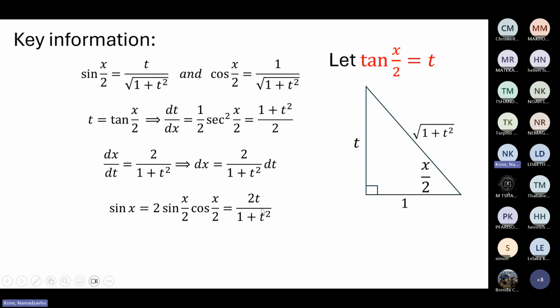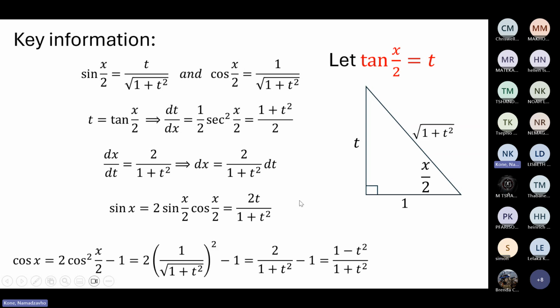Now our toolkit has also changed slightly with the presence of these 2 that is there. And then we do the same with cos. With cos, it will be a little bit long, because for cos of x, if you use the compound rule of cos of 2a, it will be 2 cos squared a minus 1.